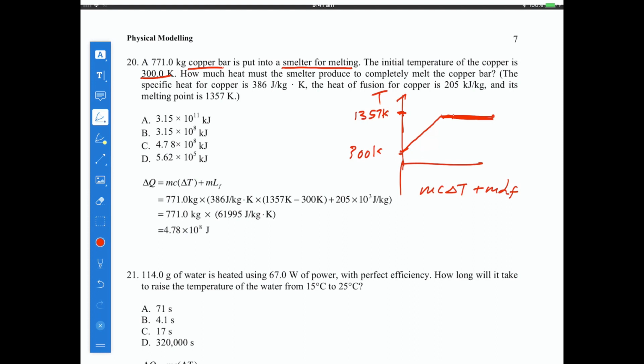The common term is mass, and you plug in the specific heat of copper and the change of temperature. This part is for the rise from 300 to 1357, and this part is for melting. So your answer is C.